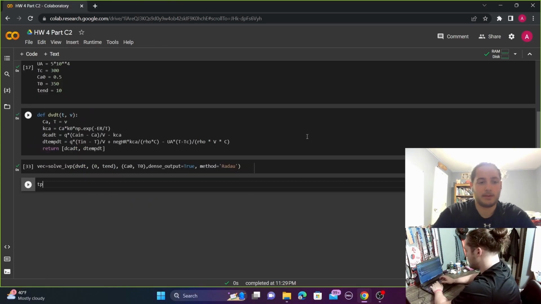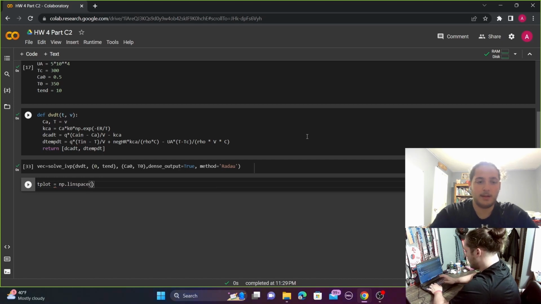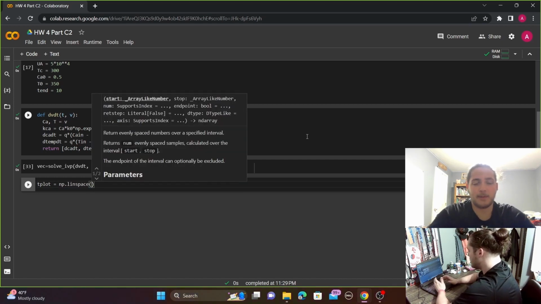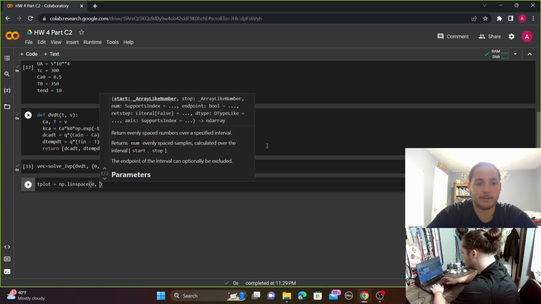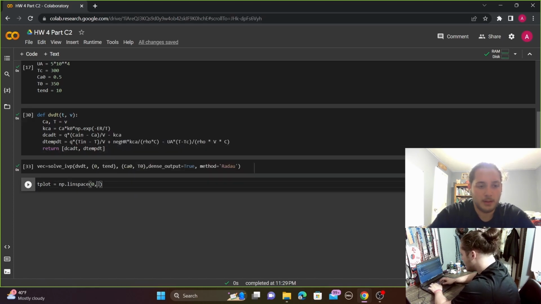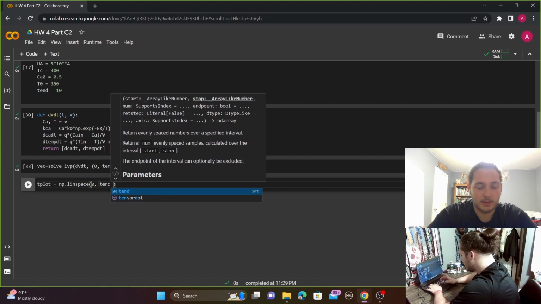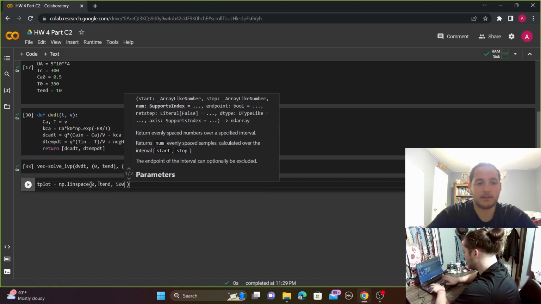And now we are going to initiate our plot, so we can go tplot is equal to np.linspace, and our parameters are going to be the same as they have been in the previous codes, so we can just go 0 to our t end, and we can make this 500. Okay.